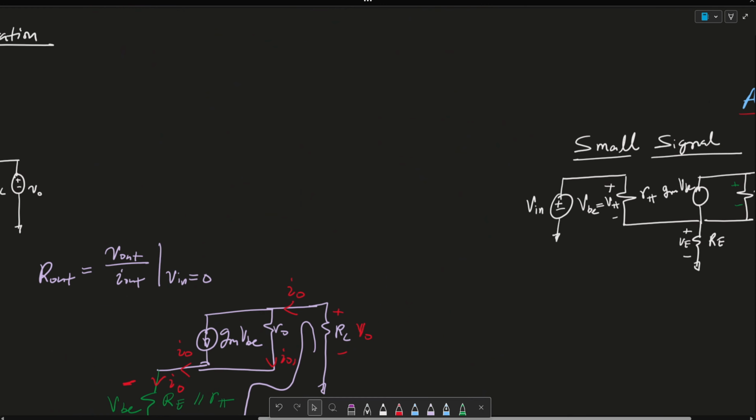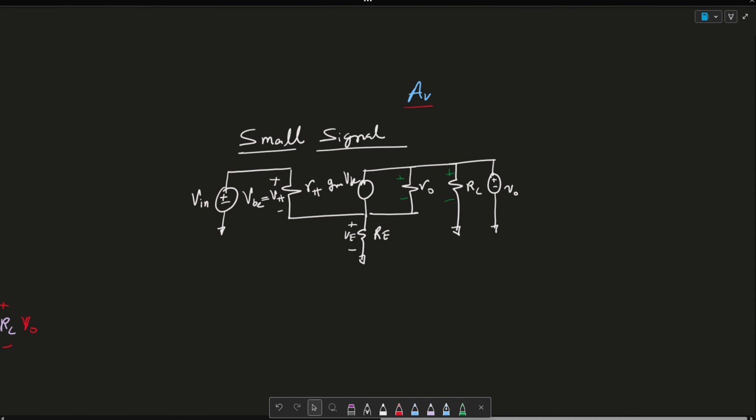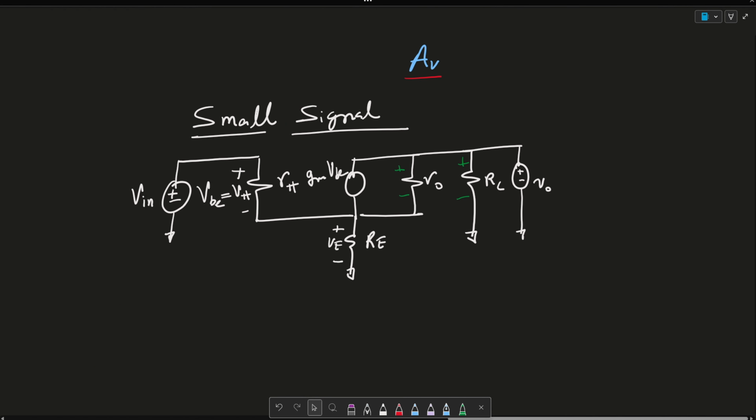So the next thing we're going to talk about is the AV gain, or the voltage gain. And again, we're going to write some KVLs and KCLs and see if we can get AV, which is equal to the VO, or the V output, over V in.